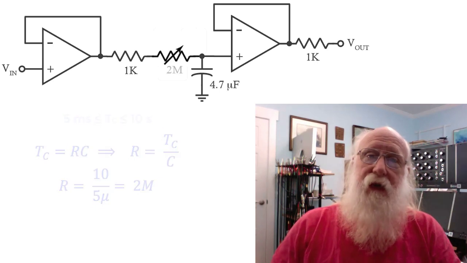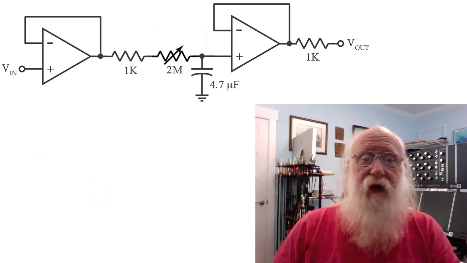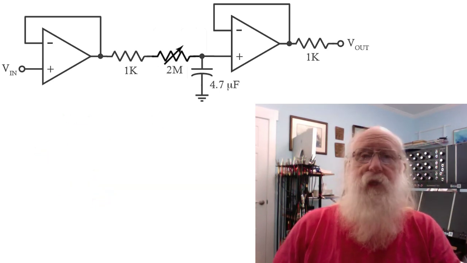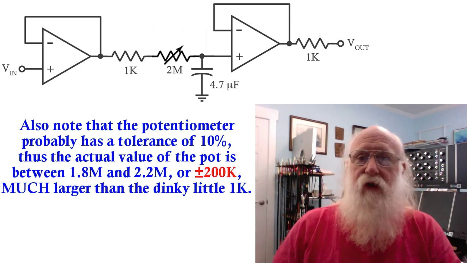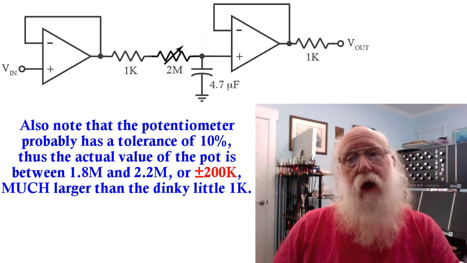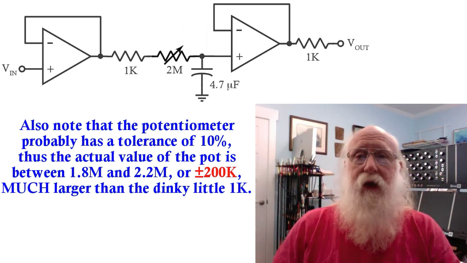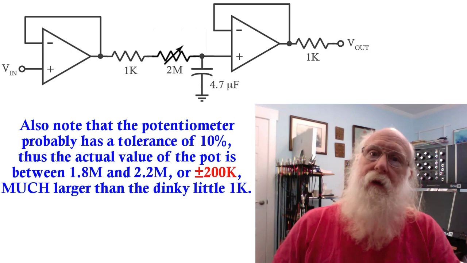If we put in a 2 megohm potentiometer for that variable resistor, then when the potentiometer is close to its maximum value, the little 1K is really negligible, so we can just ignore that. There's not a lot of difference between 2 meg and 2.001 meg.